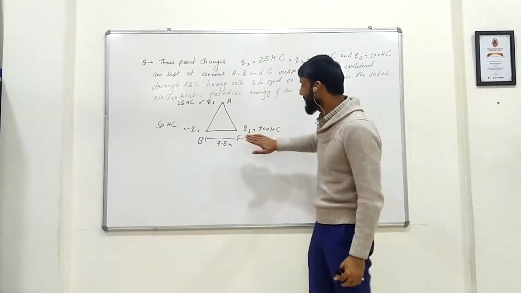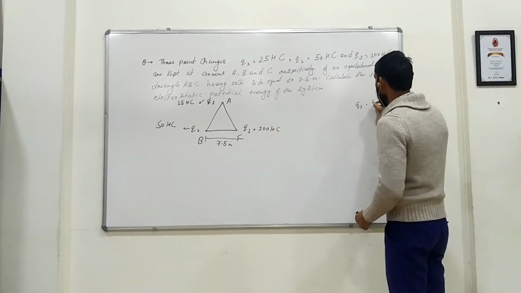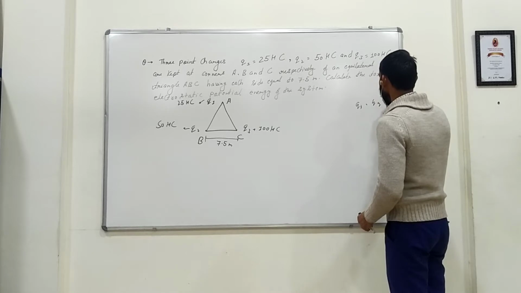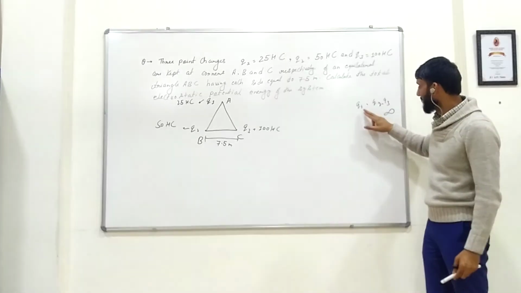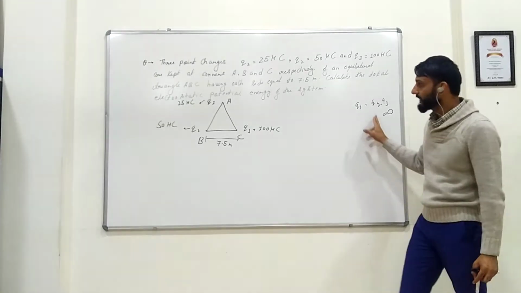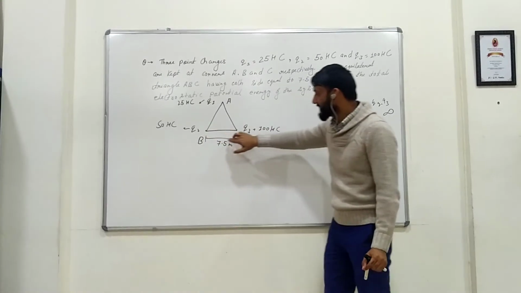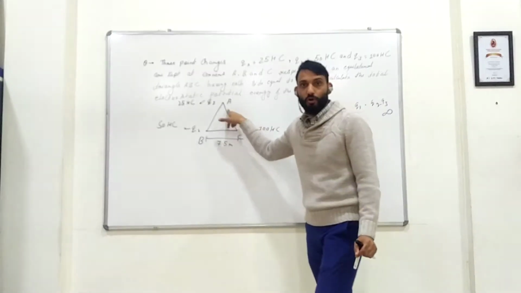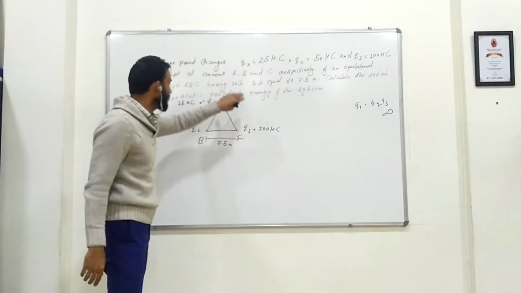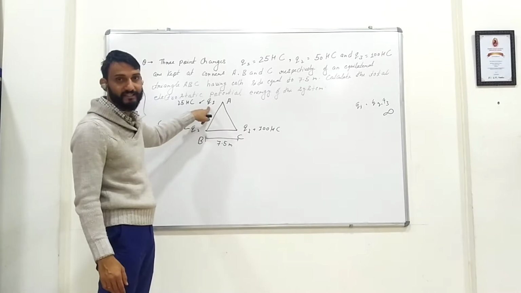So imagine that these three charges, Q1, Q2 and Q3, are kept at infinity. First of all, we bring Q1 from infinity to A. Since there is no charge here, there is obviously no potential under which I am bringing this Q1.